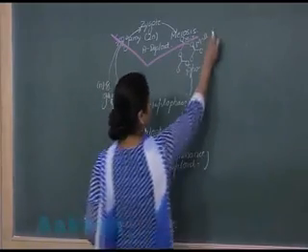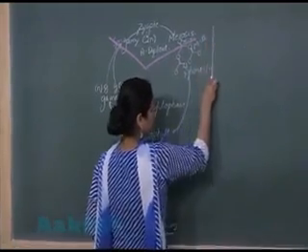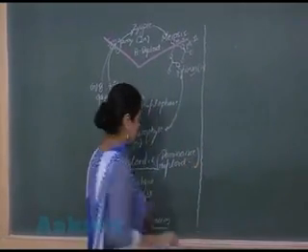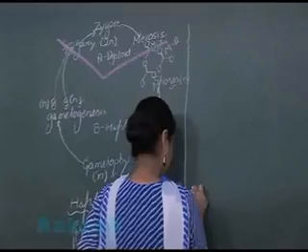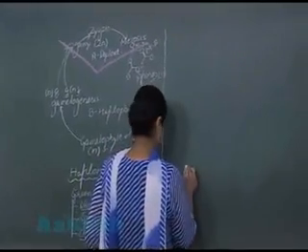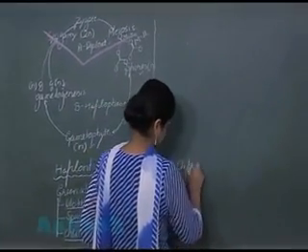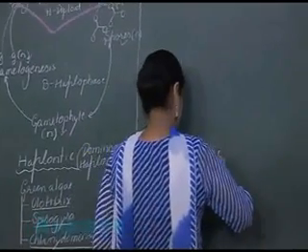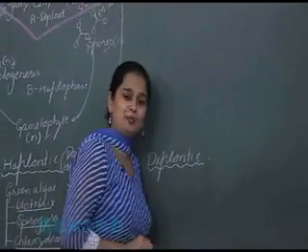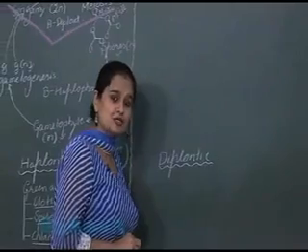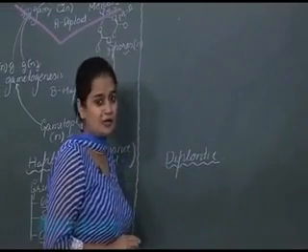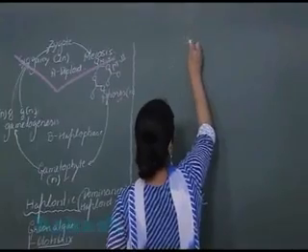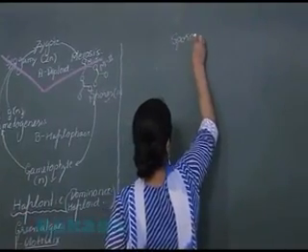Now coming to the second one. Now the second pattern which I am discussing here, that is diplontic life cycle. Now diplontic life cycle is characterized by the dominance of diploid phase. So this is diploid sporophyte.